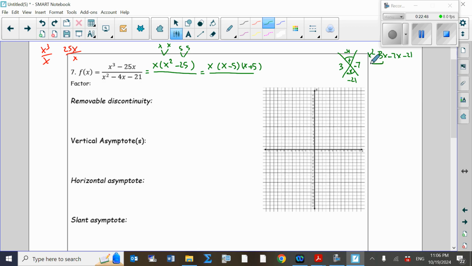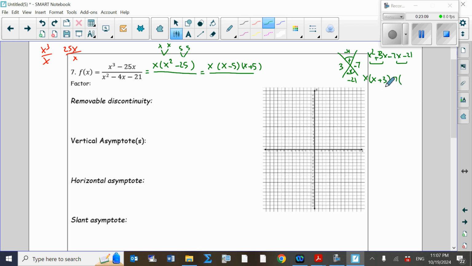In the first group, x is in common between them. So if I factor x out, x squared divided by x is x, and 3x divided by x is 3. In the second group, -7 is in common.